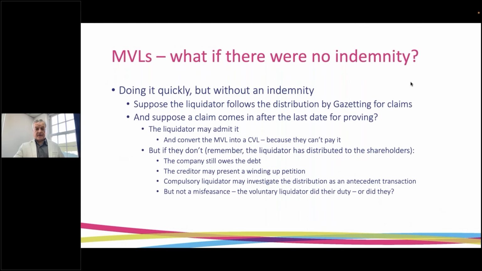In a case like that, I don't think it would be a misfeasance, because essentially the voluntary liquidator will have done their duty, and the claim will be outside the last date for proving. But as before, the creditor would be able to bring legal action against the company for non-payment, and would be able to put it into compulsory liquidation quite probably.